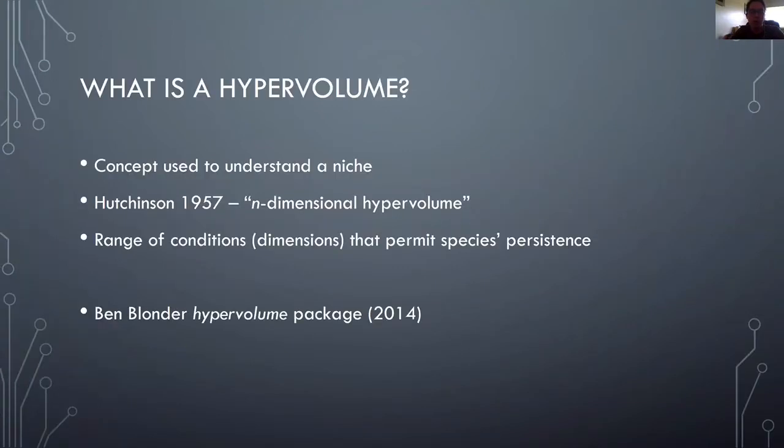So just to start out, what is a hypervolume? In general, hypervolume is a concept, and it's been used to understand what a niche is. It was first proposed way back in the late 50s by G. Evelyn Hutchinson, where he was defining a niche as an n-dimensional hypervolume.